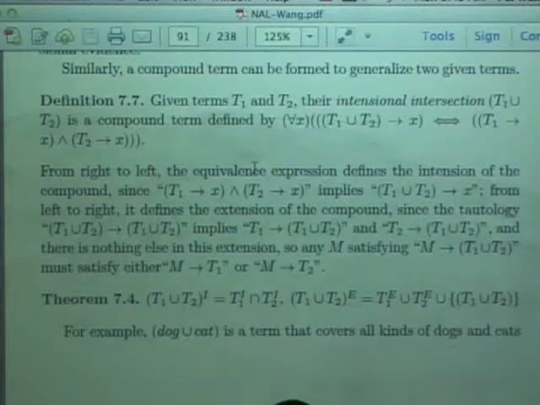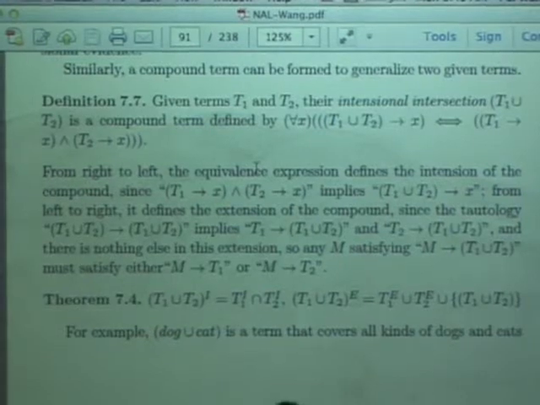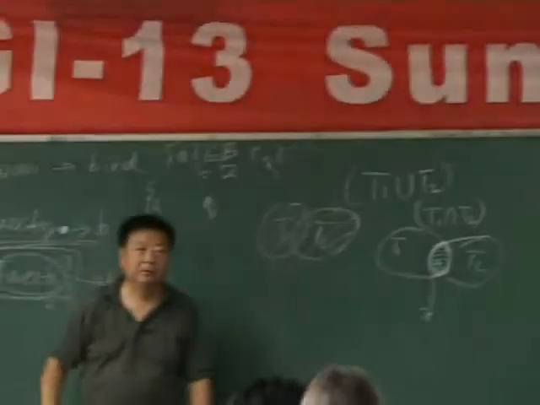If I want to use set theory terminology here, again, I should call it union. This is T1, this is T2. The union of T1 and T2, these two merge together.